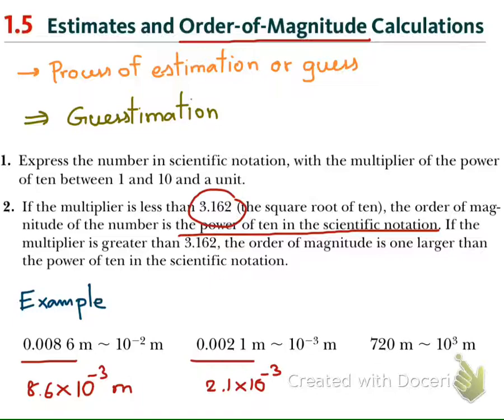Now, for 720 meter, it's 7.2 times 10 to the 2, but 7.2 is larger than 3.16, so we have the order of magnitude of 10 to the 3. Okay, so this is the process of estimating the order of magnitude of the quantity.